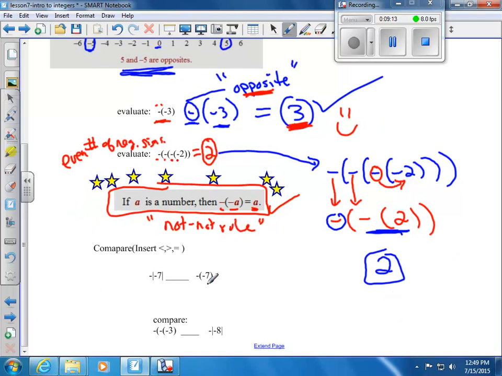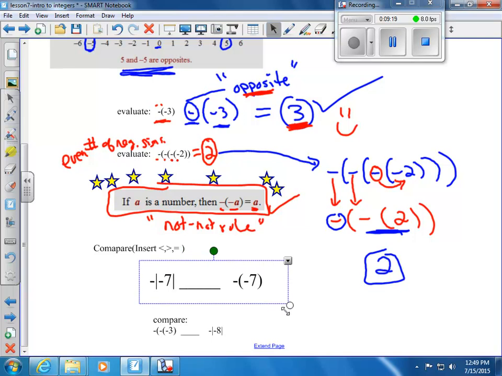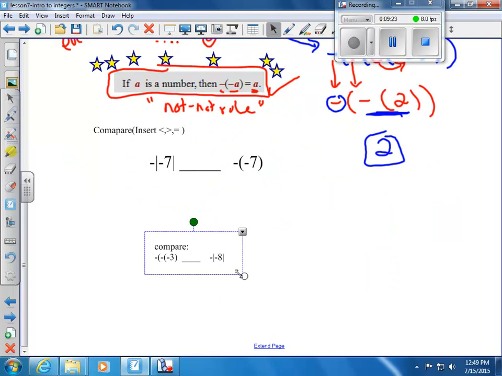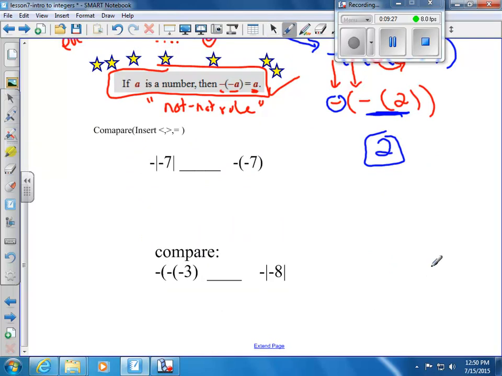You ready? Here we go. Let's practice some comparisons. Let me enlarge this one if I can. And I'll scoot this one down and enlarge that as well. Okay, so let's practice. We want to insert a less than, a greater than, or an equal to symbol. But notice these are bars, absolute value, right? So the absolute value of negative 7 is 7.